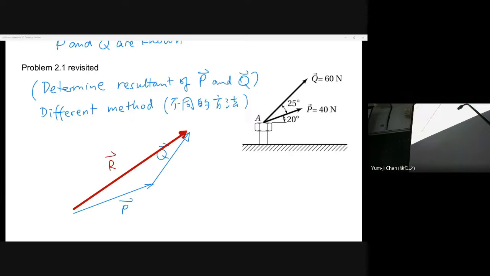And this one is 20 degrees, and this one is 25 degrees, and let's say we don't know the angle over here. Right? This one P is equal to 40 Newton, and Q, I write it here, Q equal to 60 Newton.